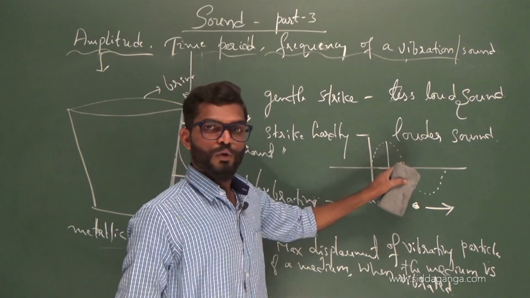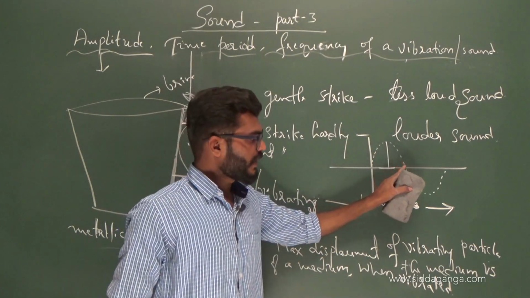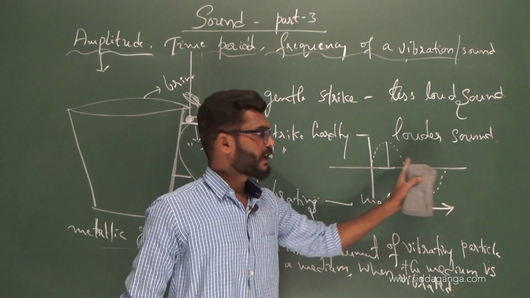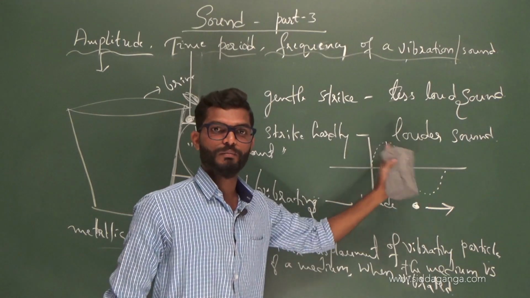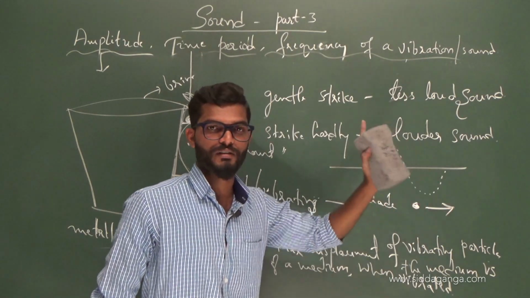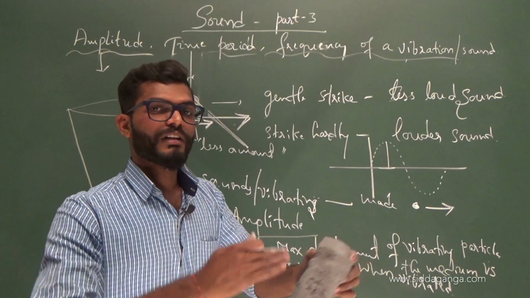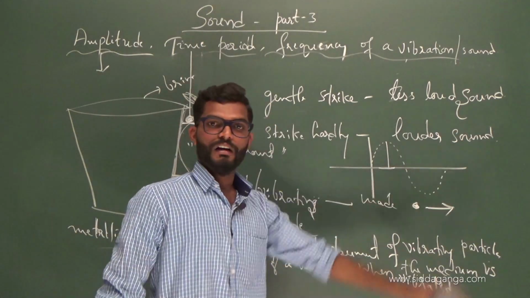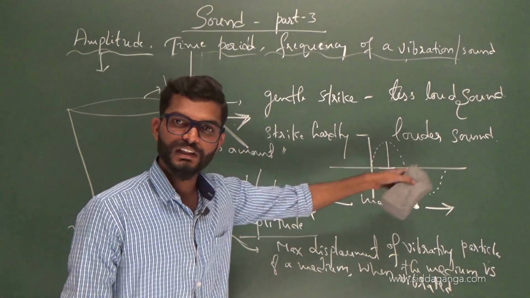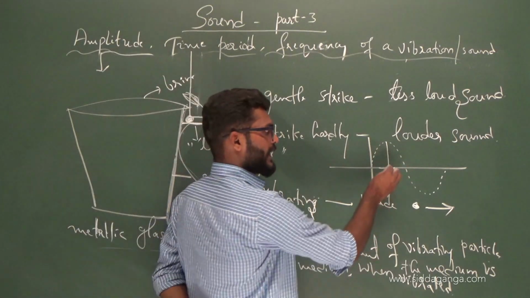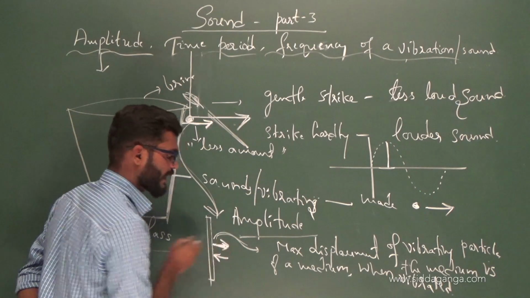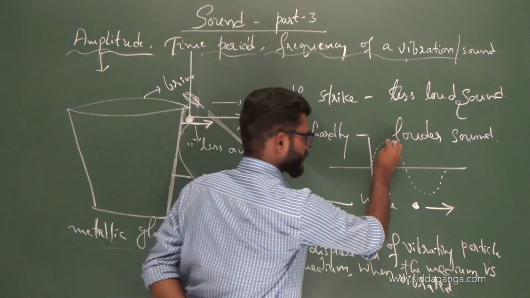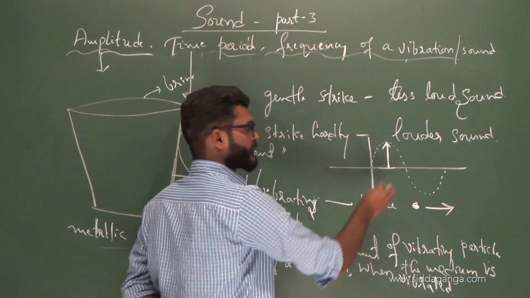Say if this is to motion and this is fro motion, or say if this is back and forth motion, we can represent that vibration as a graph, as a wave in the graph. So from the mean position the particles got displaced by an amount. So this distance or displacement gives you amplitude.